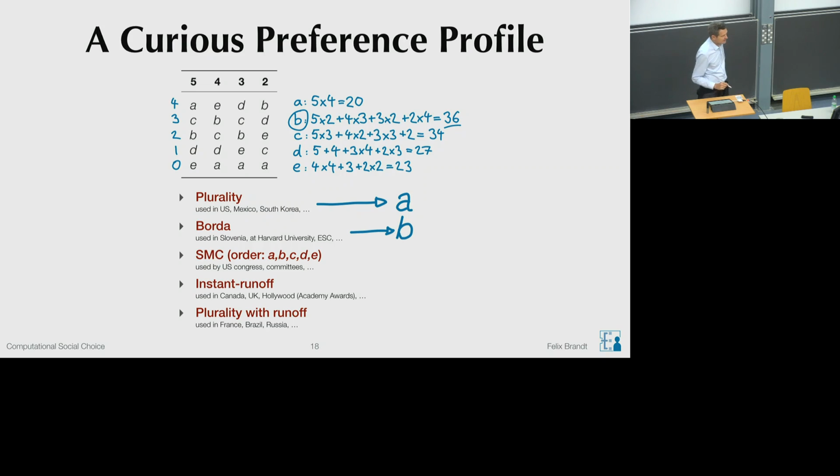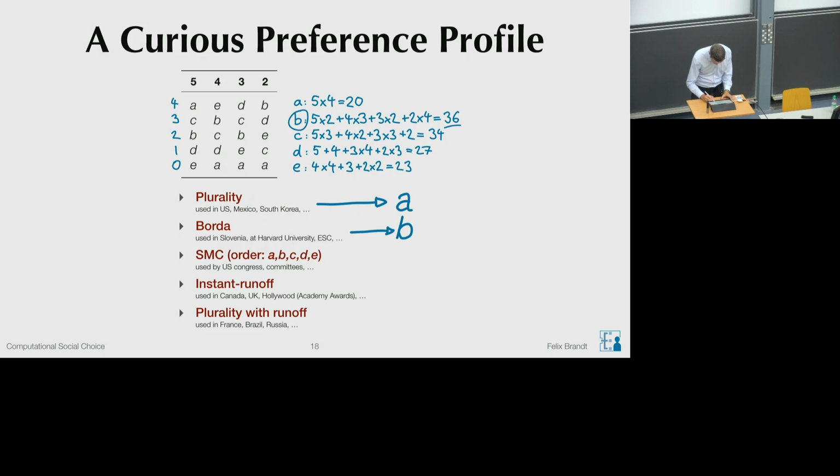Next is sequential majority comparisons. And for this one, let me draw how this is being done. So I said we have this sequence of pairwise comparisons, and unless otherwise noted, we are doing these comparisons in alphabetical order. So we can draw this as a tree, a binary tree, which looks a bit like a caterpillar.